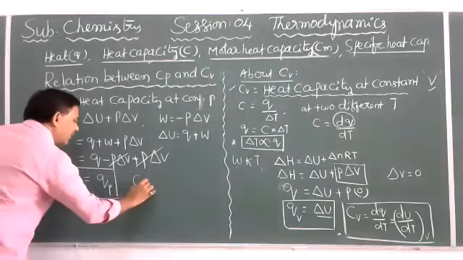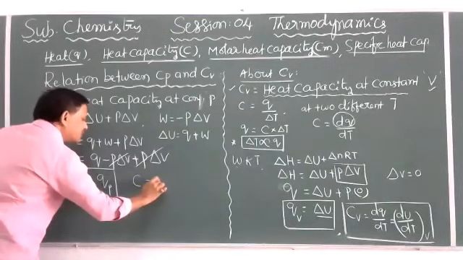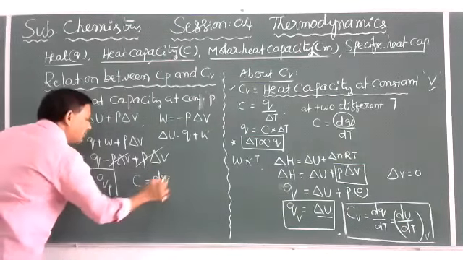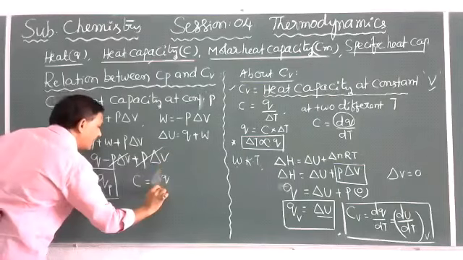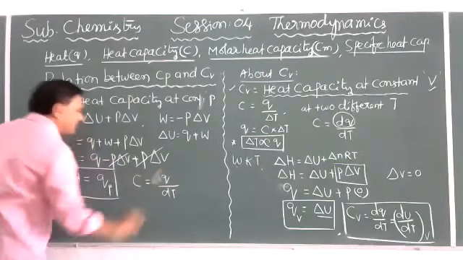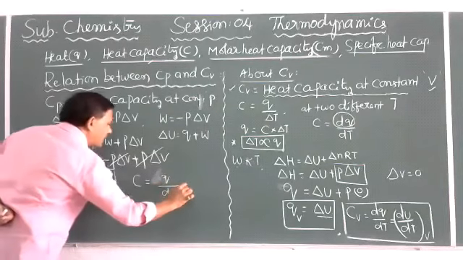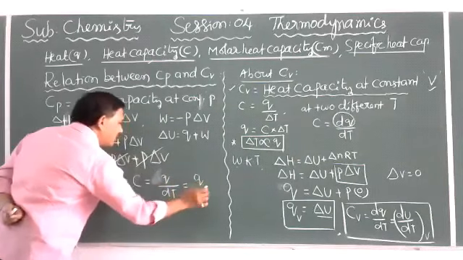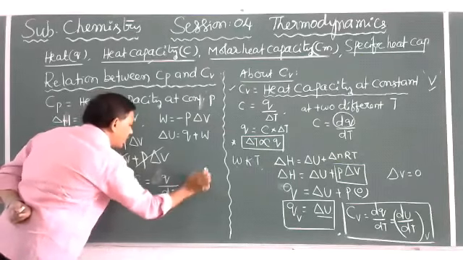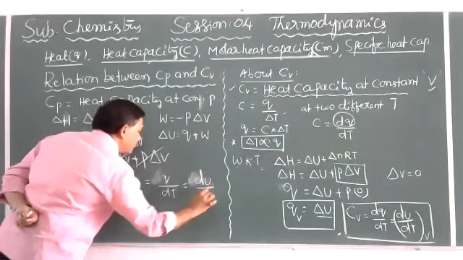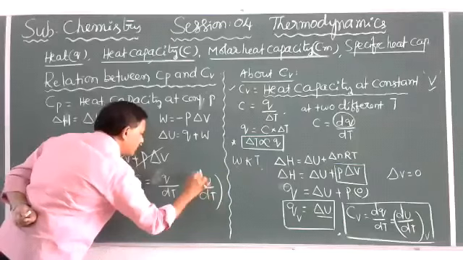We know already heat capacity C is equal to dq or Q divided by delta T, dt. Instead of this Q we can take delta H or dH divided by dT at constant pressure.